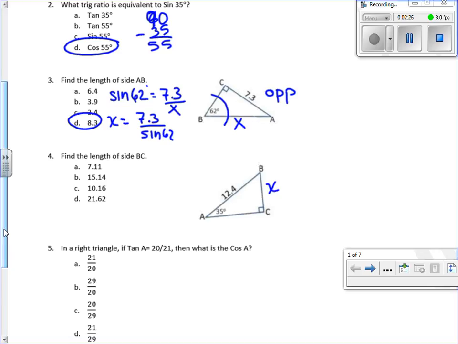Number four, find the length of side BC. First thing I do is put an x there. This is my angle relative to this position. This would be opposite. The right angle always points to the hypotenuse. The opposite side and the hypotenuse involve the sine function again. The sine of 35 equals the length of the opposite side over the length of the hypotenuse.